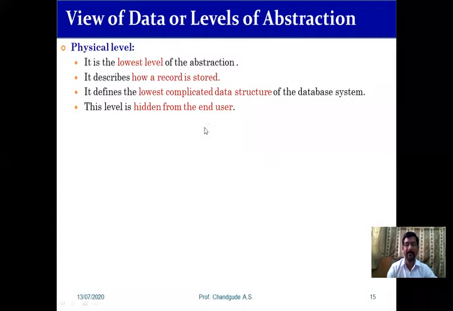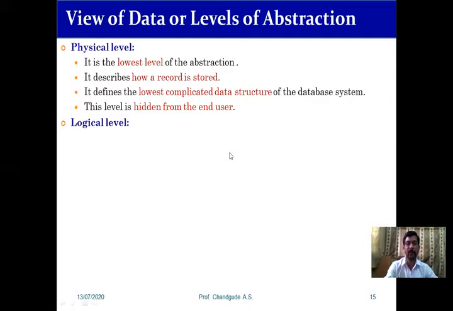We are only concerned with withdrawing money from the ATM. Similar things apply here. The first level of abstraction is the physical level, which describes how a record is stored. That keyword is important here: how a record is stored.